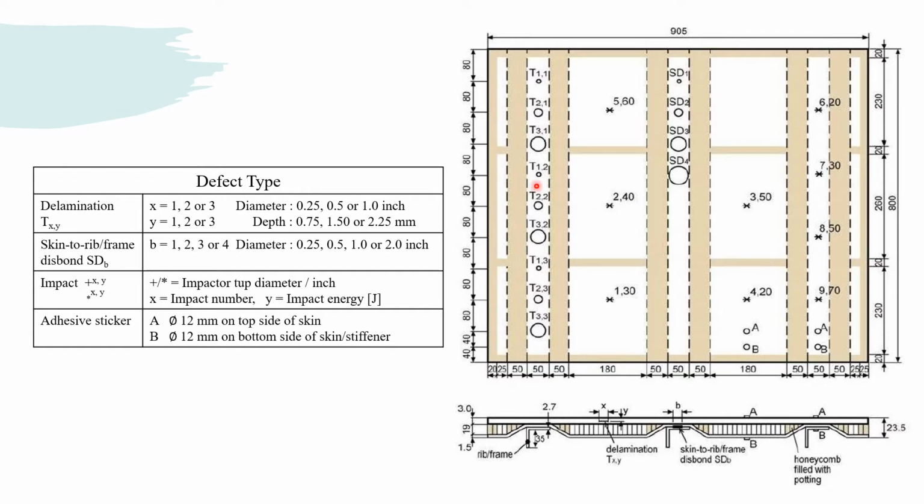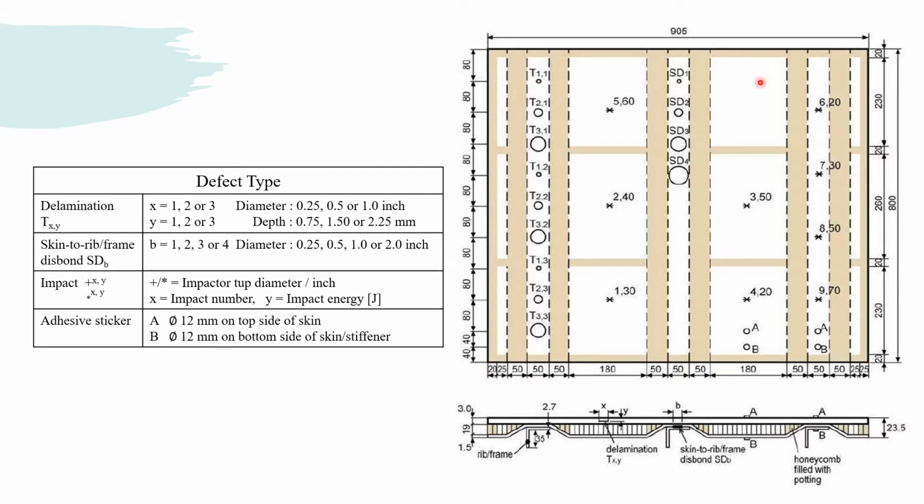This is the top view and this is the side view. In the side view, we can find the rib or frame. This portion is the delamination, which is denoted by TXY. This is the skin to rib. This one is the skin to rib or frame disbond, which is denoted by SDB. And this one is the honeycomb filled with putty.